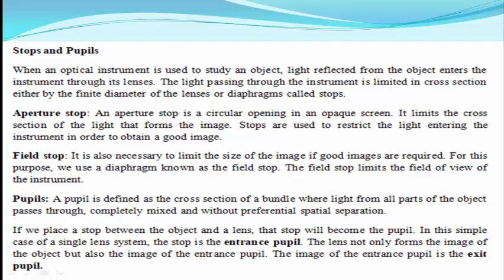Aperture stop. An aperture stop is a circular opening in an opaque screen. It limits the cross section of the light that forms the image. Stops are used to restrict the light entering the instrument in order to obtain a good image.